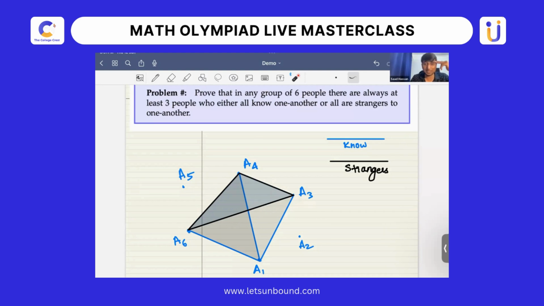So we're done. It doesn't really matter how you color A3 and A4. You will always encounter a group of three people who all know each other, or another group of three people who do not know each other. And we are done with the proof.